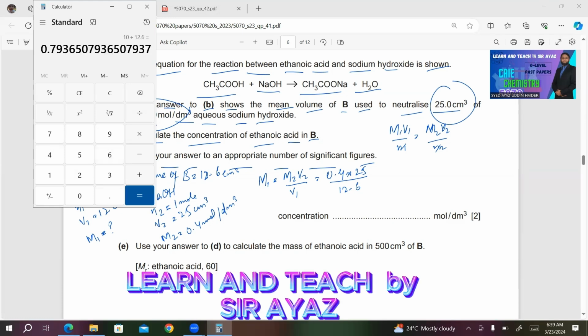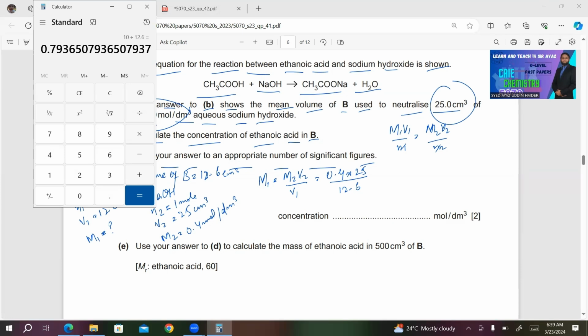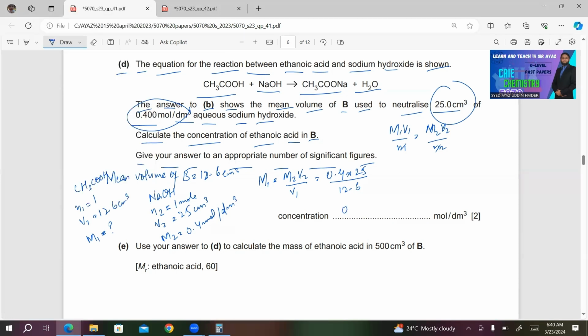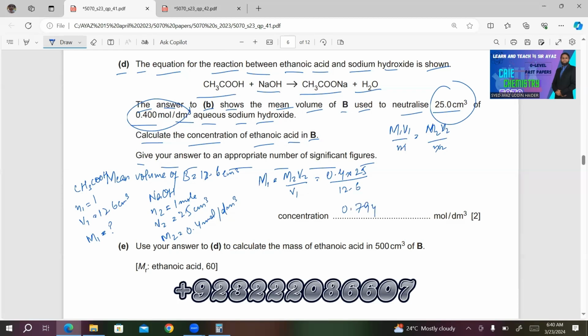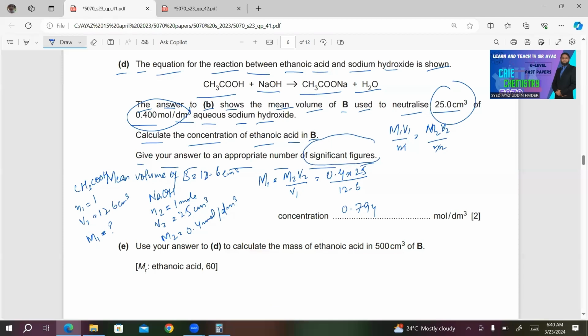We will get 0.793. You can even write 0.794. So we will write 0.794 because in the question they say you have to write an appropriate number of significant figures. So I will round it off to 0.794.